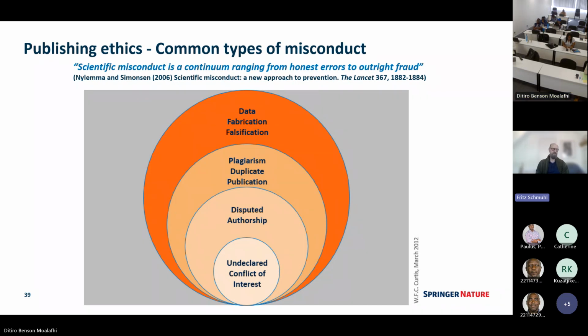Duplicate publication is just as important, because this is something that can completely kill an article if you are found to have submitted your article to multiple journals, either at the same time or roughly at the same time. I've had cases where an article was submitted to a journal, it went through the review process, and multiple revisions were done.